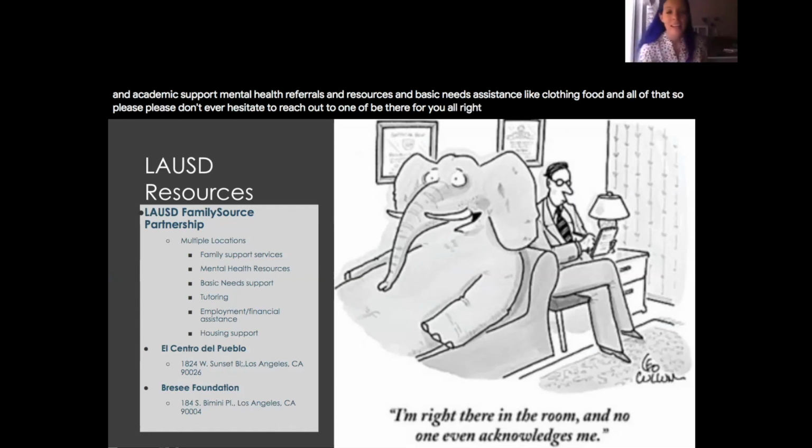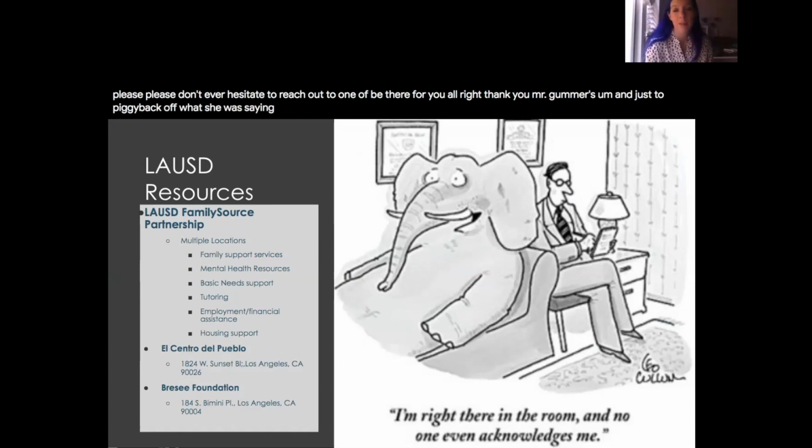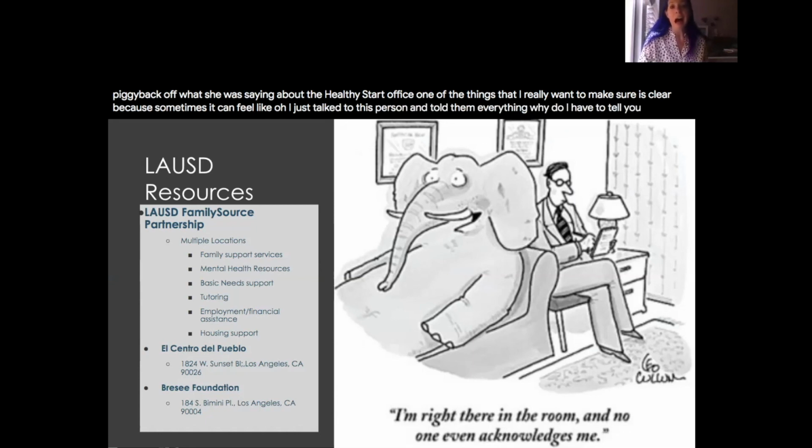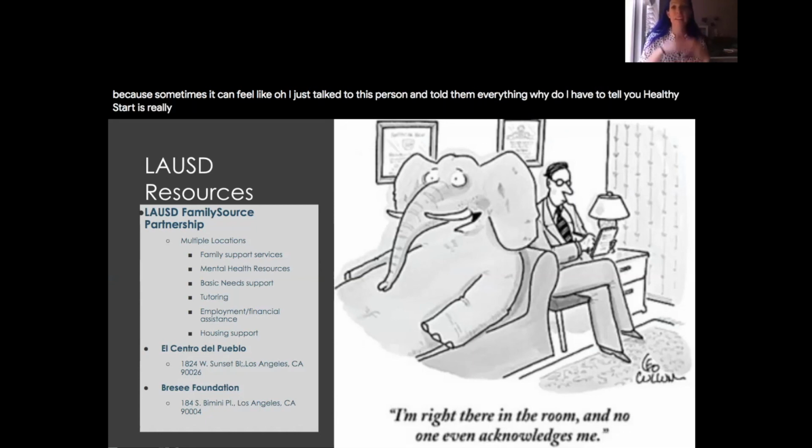All right, thank you, Ms. Demers. And just to piggyback off what she was saying about the Healthy Start office, one of the things I want to make sure is clear, because sometimes it can feel like, I just talked to this person and told them everything, why do I have to tell you? Healthy Start is really kind of a catch-all. You may talk to Miss Carla or Miss Emily because your student was in a crisis or something happened in that one particular moment.